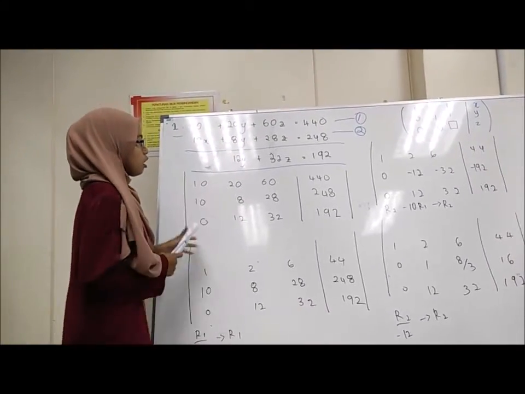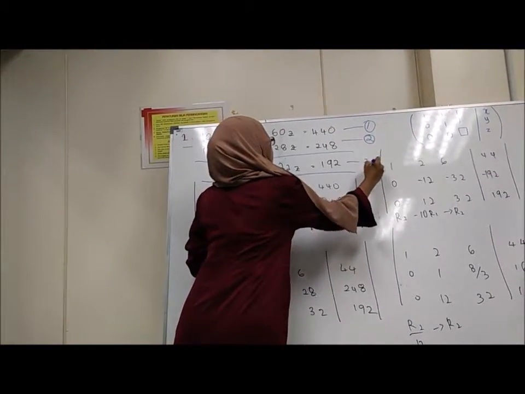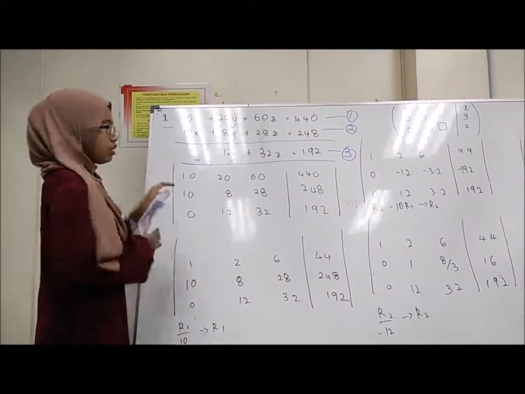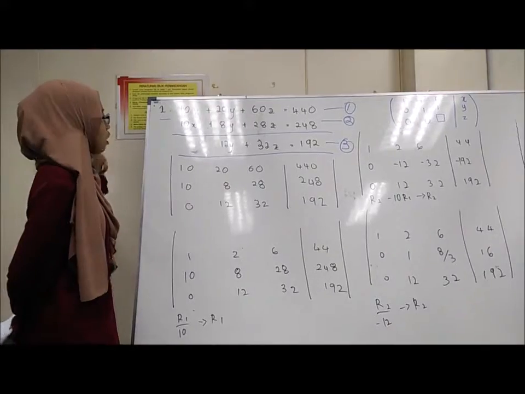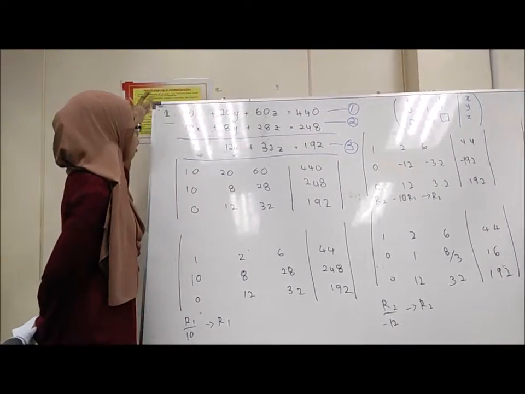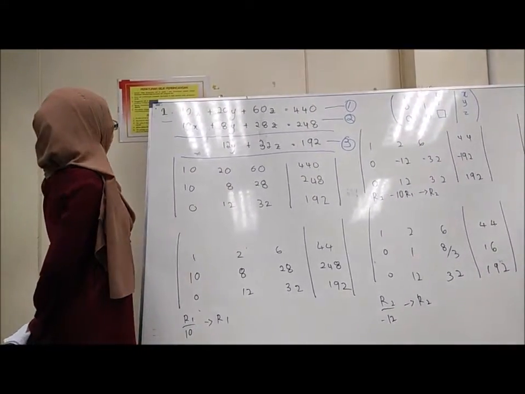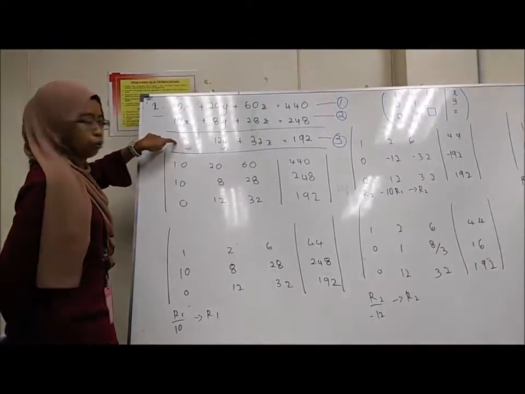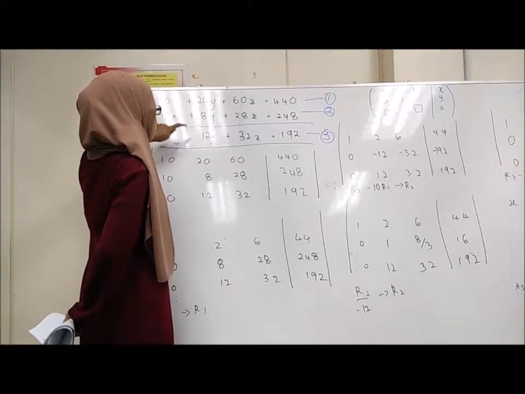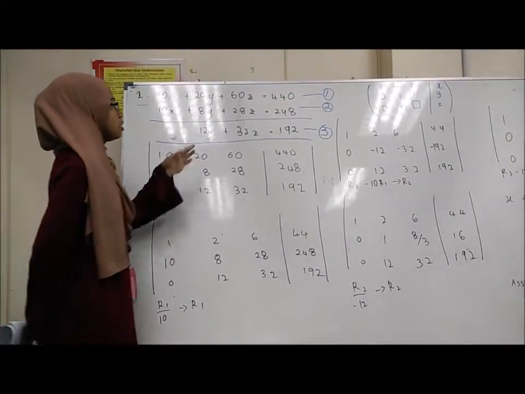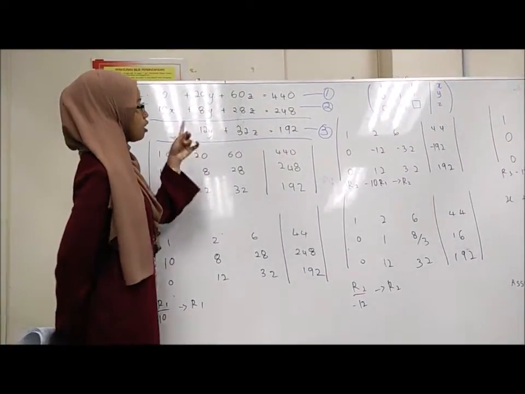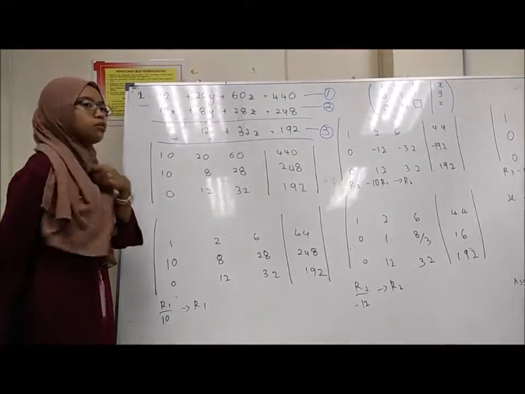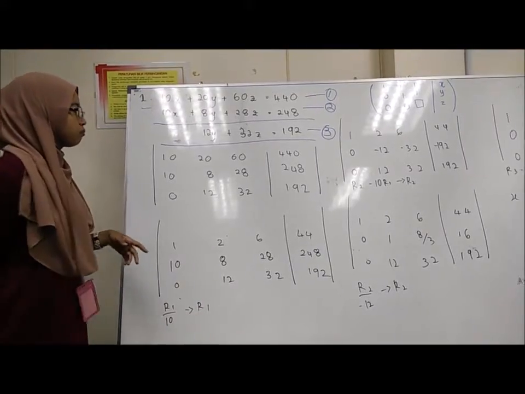So we get the third equation, which is 10x, we just minus it, and it will be 0. 20 minus 8 will be 12y. 60 minus 28, it will be 32z, and 440 minus 248, it will be 192.